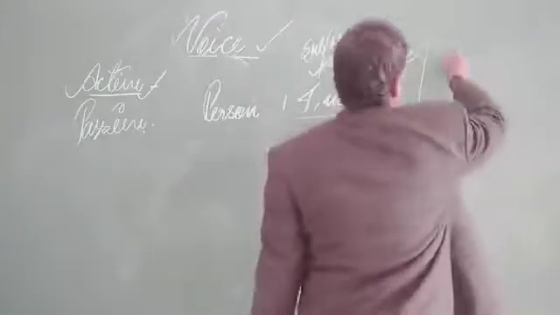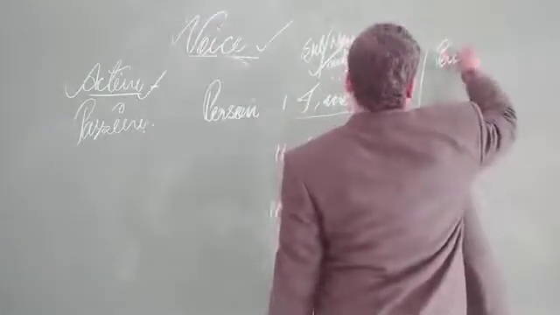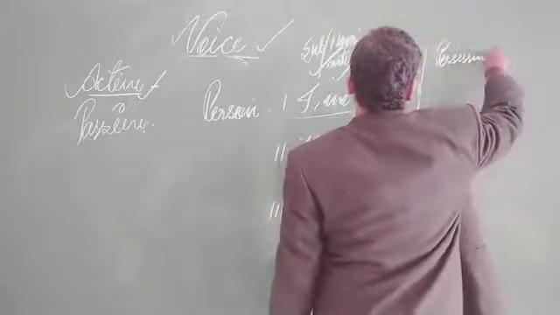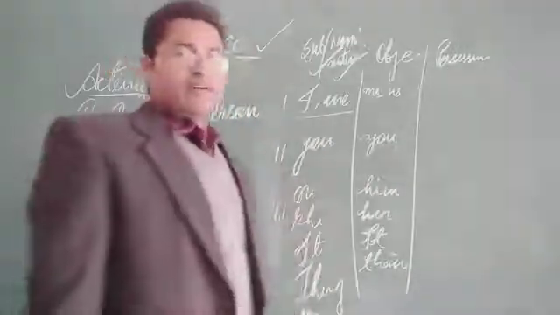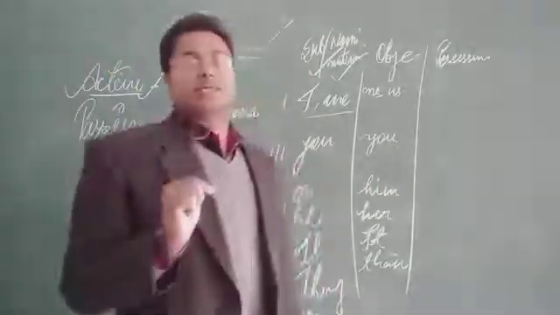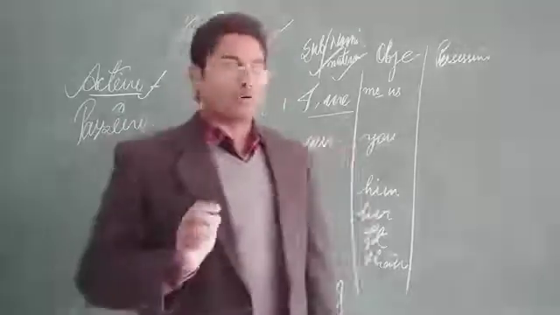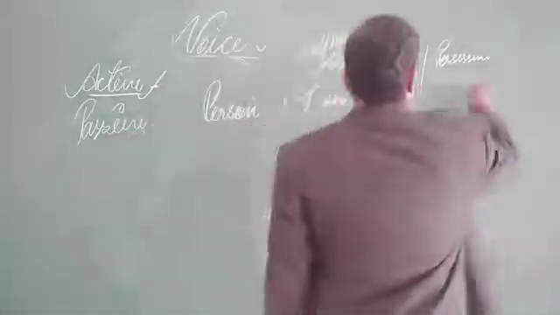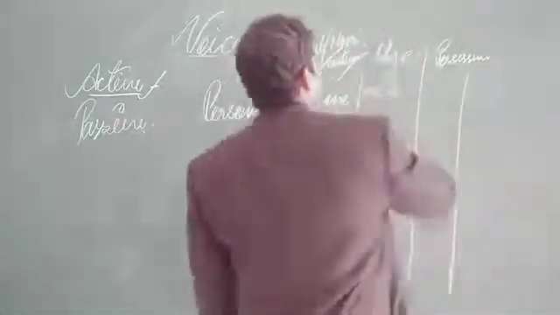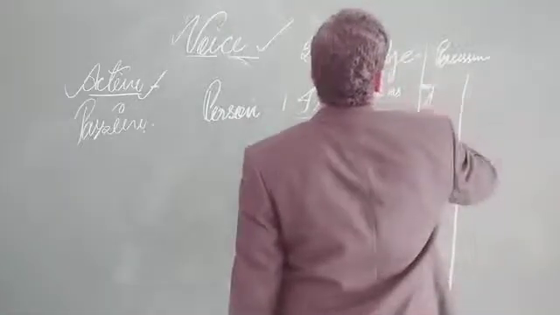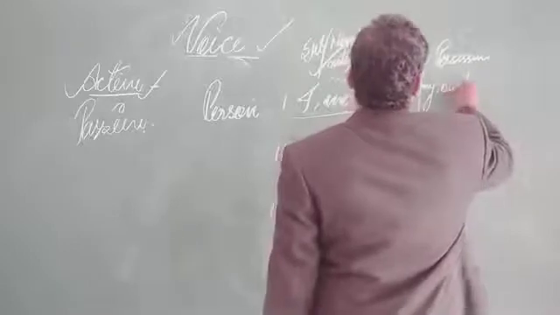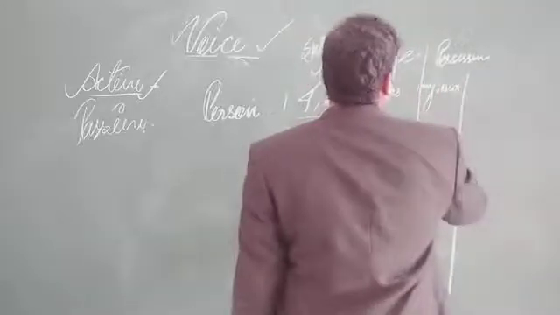Now under possessive case, we study two kinds of things. First, possessive adjective, and second, possessive pronoun. What is possessive adjective? Me will be my. Us will be our. You will be your.